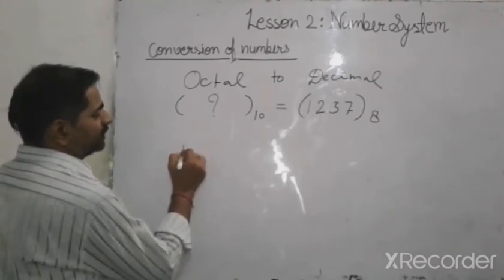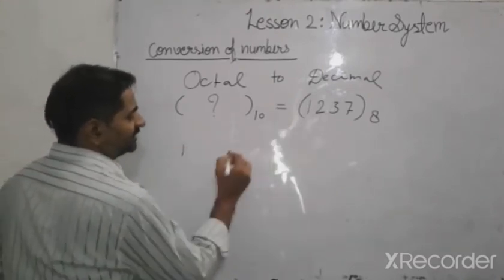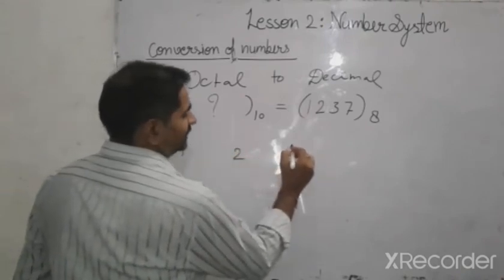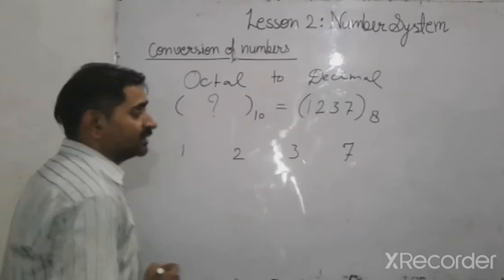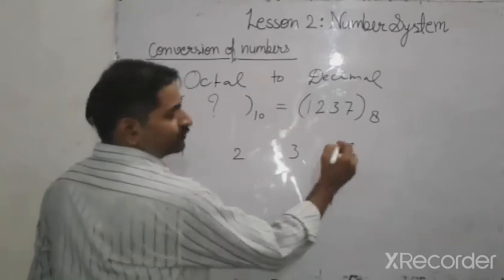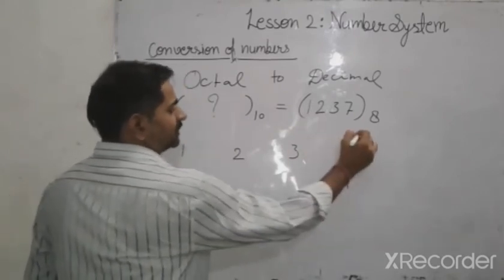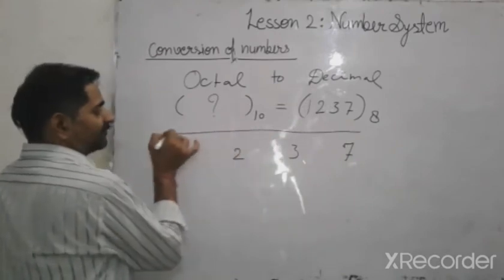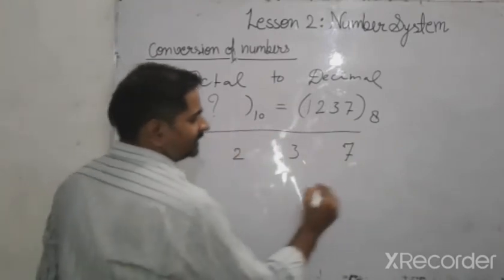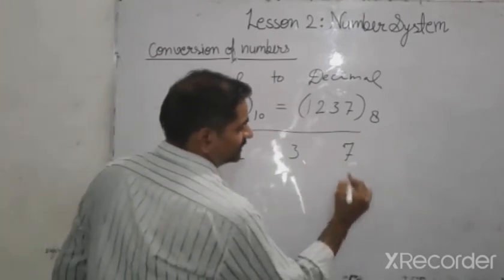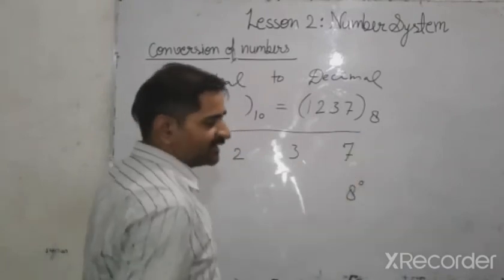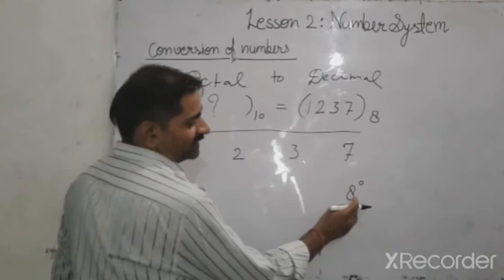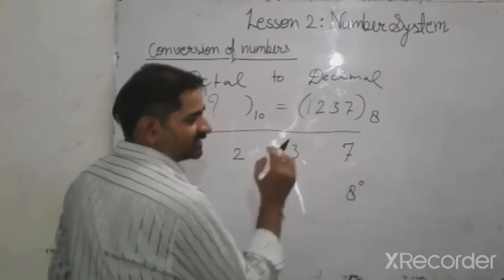First of all you have to write the digits in this form: 1 2 3 7. Now you have to move from right to left and make pairs in this way. First, starting from the rightmost digit, you write 8 to the power 0.